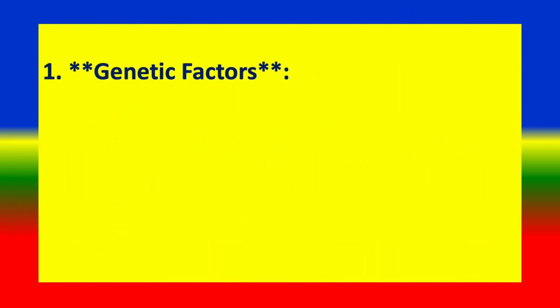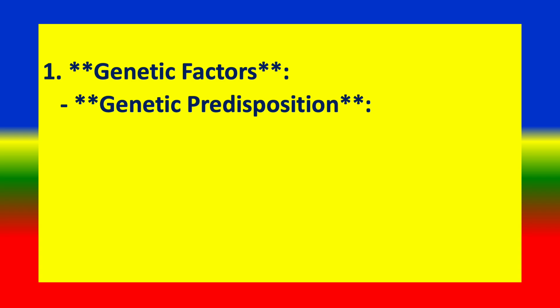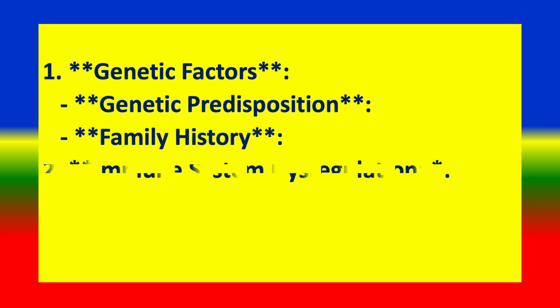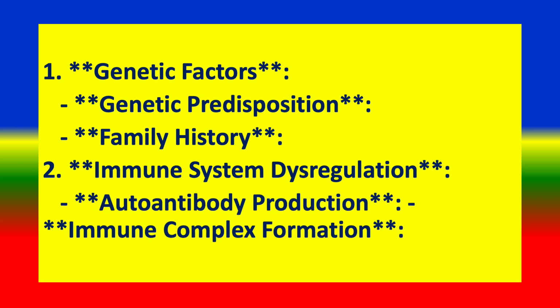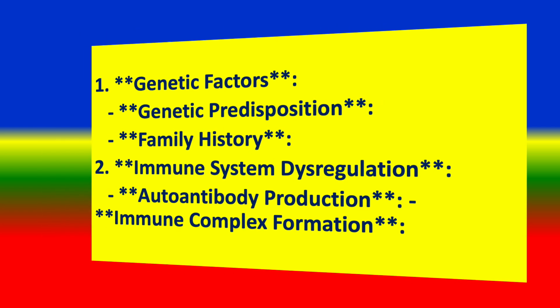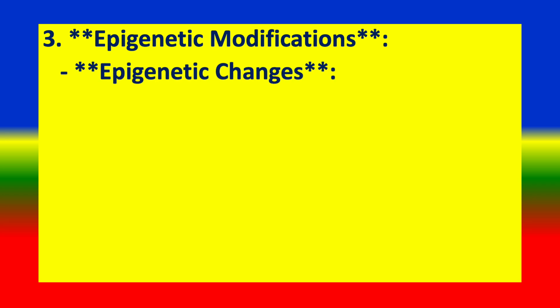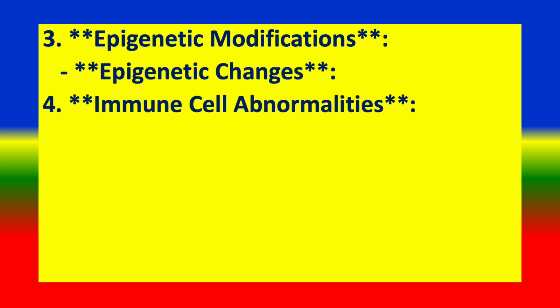The causes include: 1. Genetic factors, genetic predisposition, family history. 2. Immune system dysregulation, autoantibody production, immune complex formation. 3. Epigenetic modification, epigenetic changes. 4.